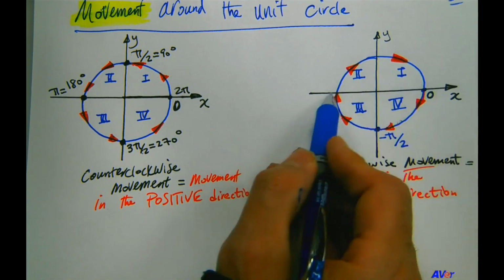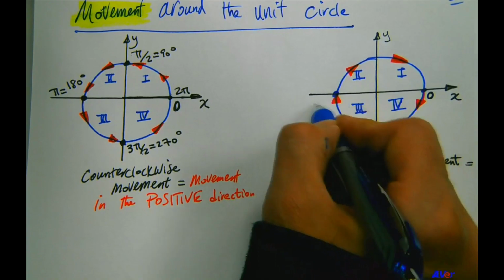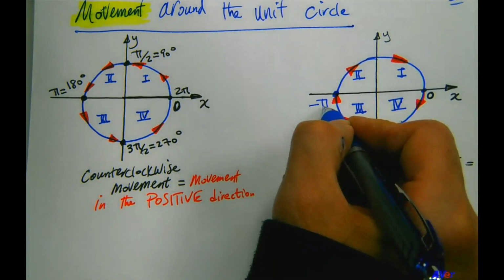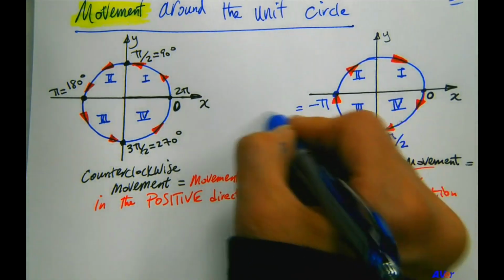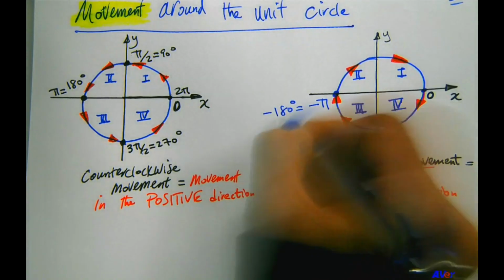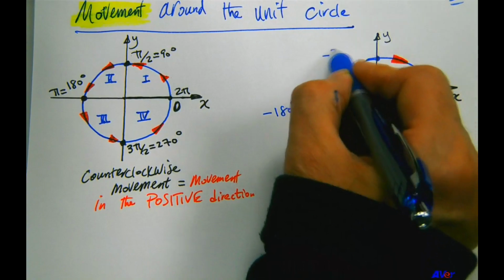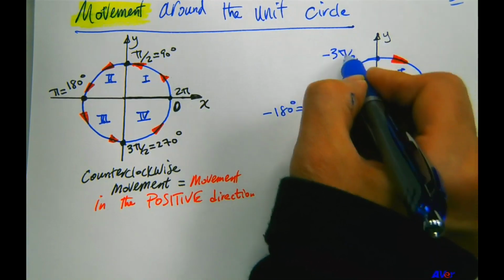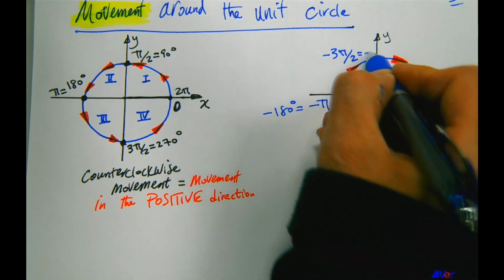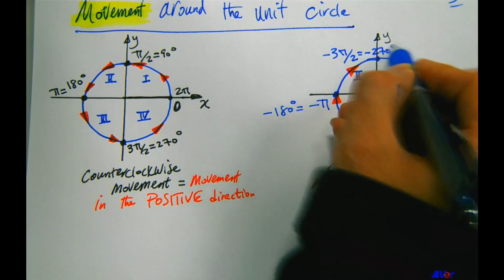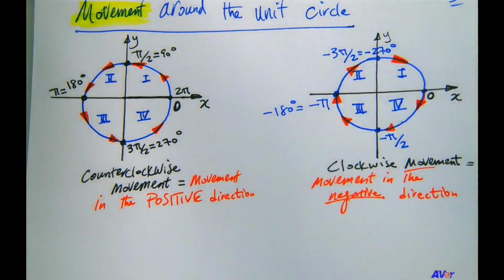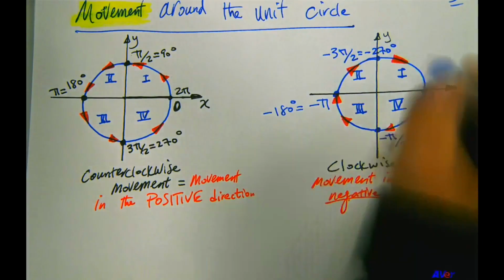So what happens here then? Well, that would be minus pi, or minus 180 degrees. What about here? That would be minus 3 pi over 2, or minus 270 degrees, right? We're going clockwise here.